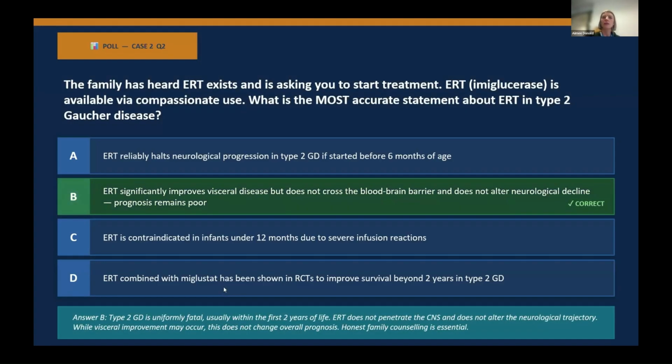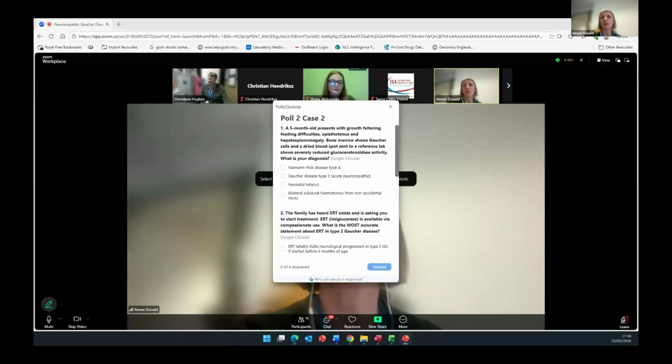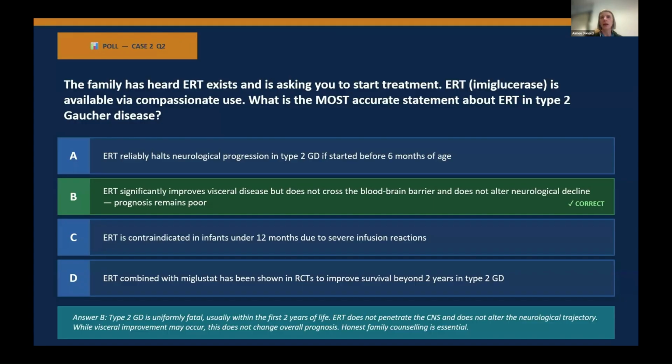So again, as we said in the previous case, we know that ERT improves visceral disease, but it doesn't cross the blood-brain barrier. We've gone to a black screen again, and I'm not sure why. So when we're thinking about GD2, we have to remember that. And also we have to think about the practicalities of delivering enzyme replacement therapy to infants with GD2. So we've already said that this is a very small, emaciated little baby.